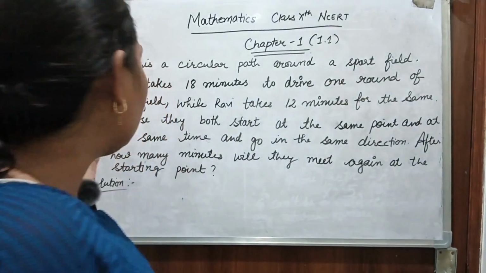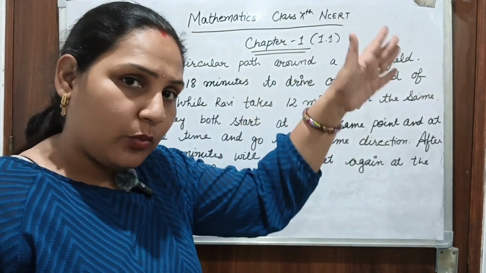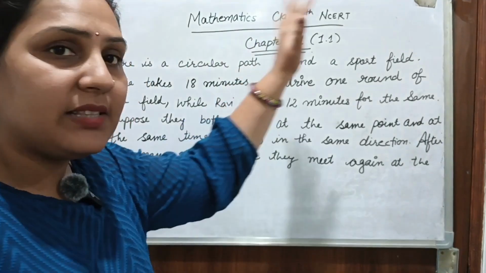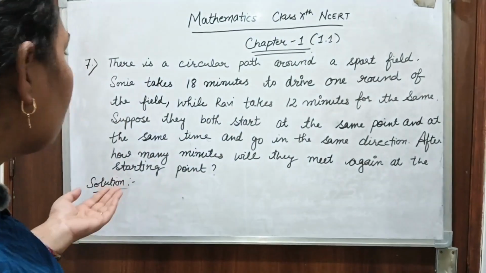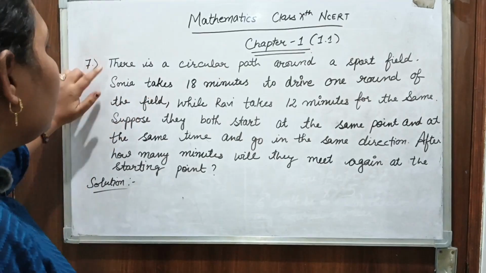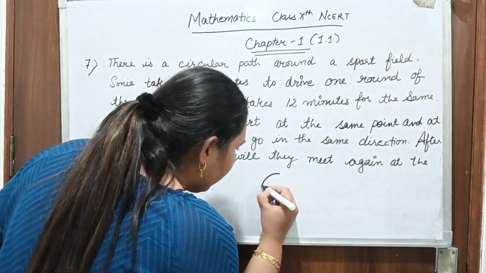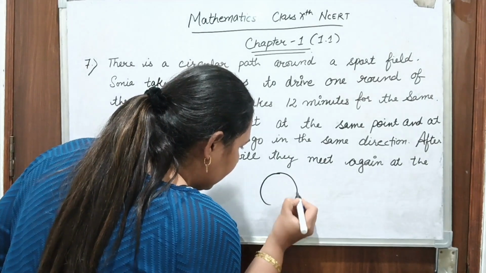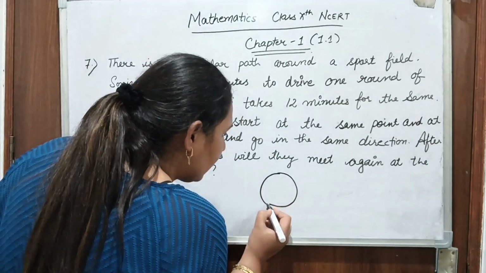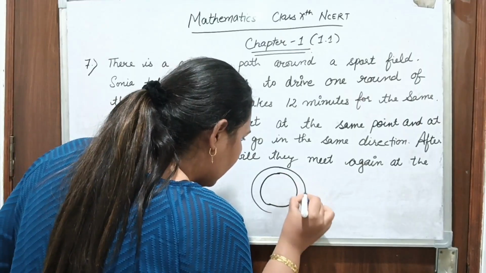Friends, now we will do question number 7 of chapter 1, exercise 1.1, class 10th NCERT. So we will see what we have to do here. There is a circular path around a sports field.